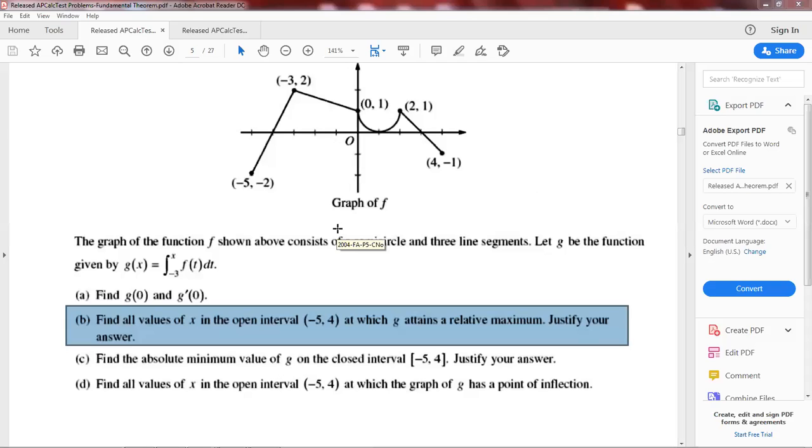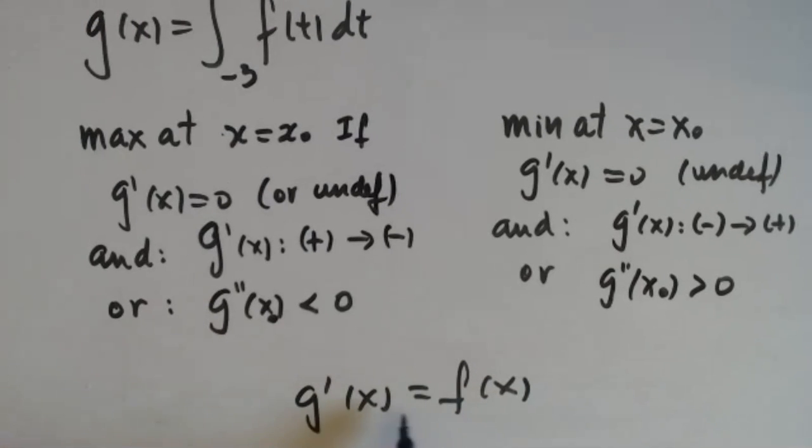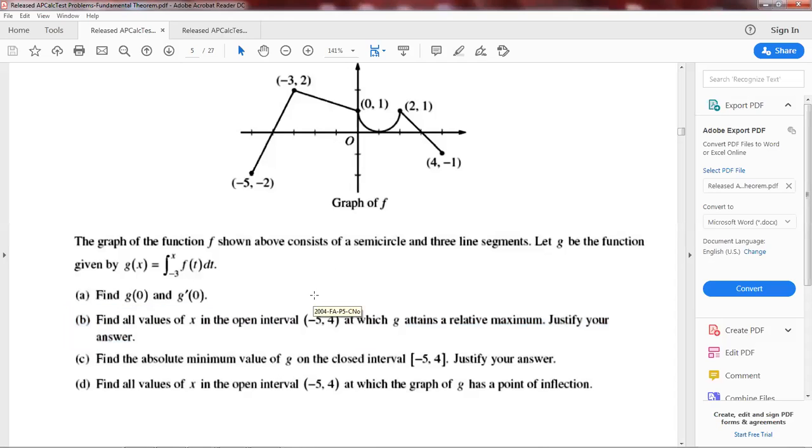Obviously, before the graph, let me just say g prime of x is f of x, correct? So this is the point: g prime of x is f of x. So if you want g prime to be 0, you have to check where the function f is 0. So now we're going to share right here. Where do you have a relative maximum?